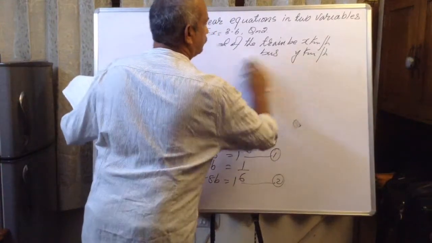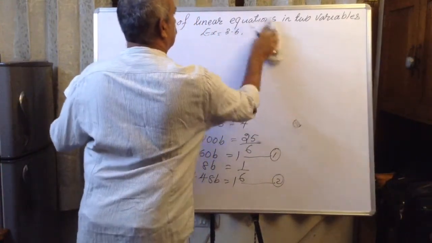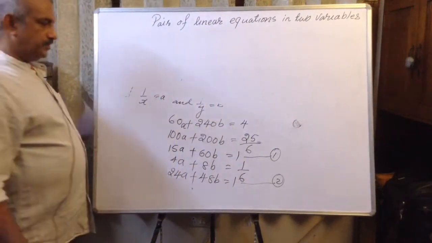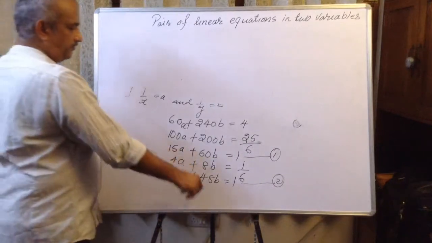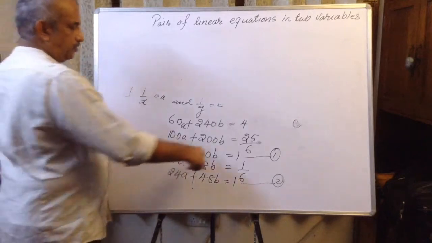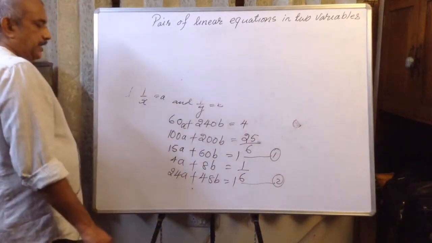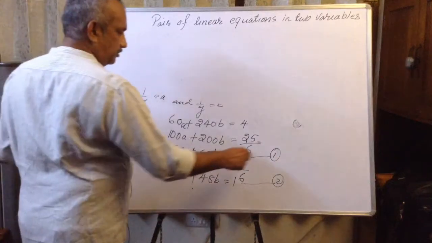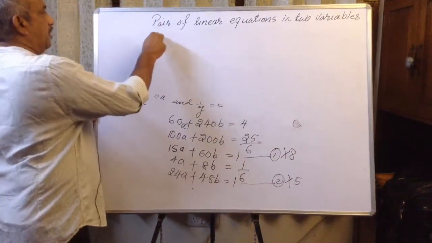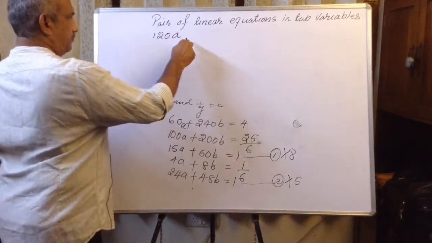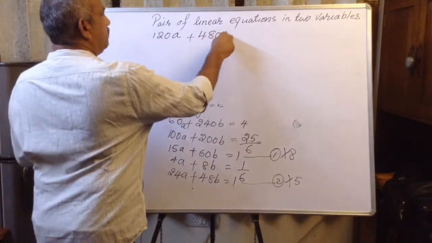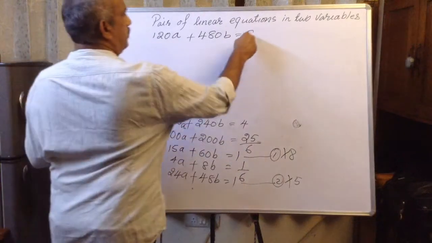So now, if you look at the equations, 60 and 48, LCM is too big, but 15 and 24, it is 120 only. So I am going to multiply the first one by 8 and the second one by 5. 15 8s are 120a plus 6 8s are 48, 480b is equal to 8 1s are 8.